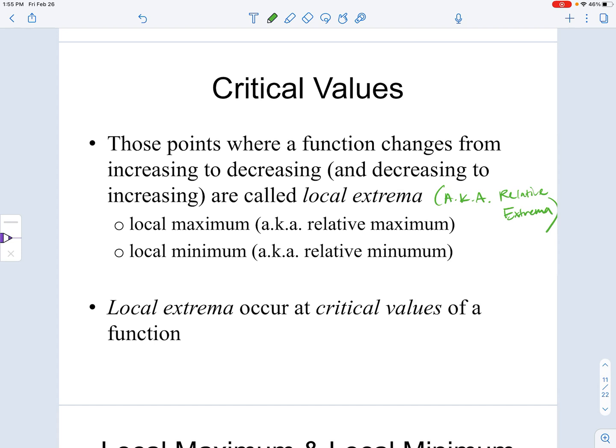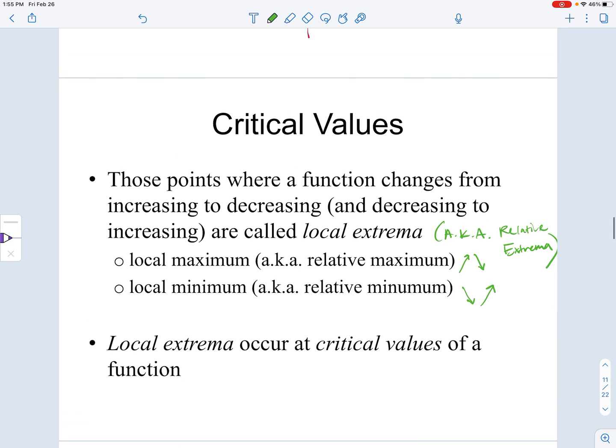Okay, so a local max will occur whenever a graph changes from increasing to decreasing, and a local minimum will occur whenever a graph changes from decreasing to increasing.